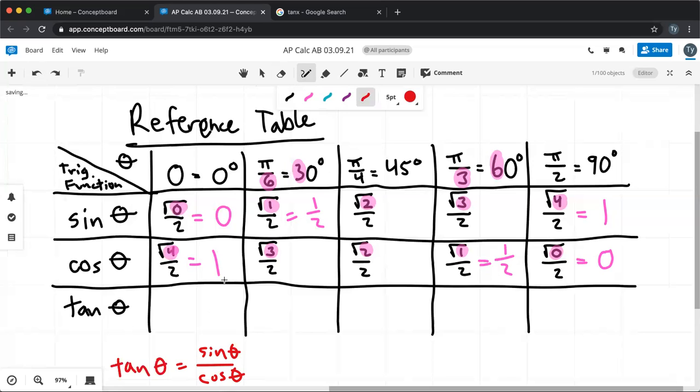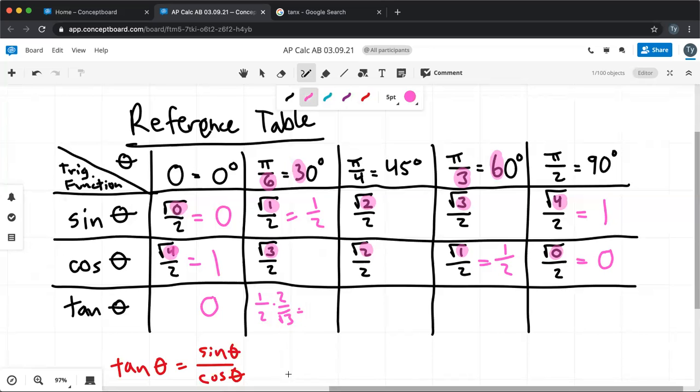So 0 divided by 1, that gives us 0. A half divided by root 3 over 2. Well, that's the same as a half times 2 over root 3, which is 1 over root 3.